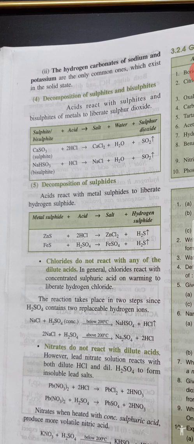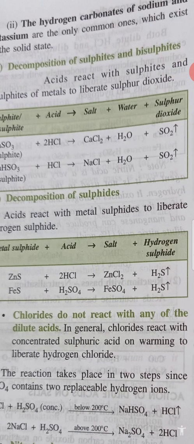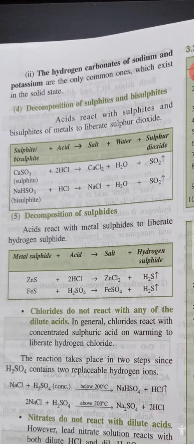All the sulfites and bisulfites react with dilute acids, and they give you salt, water, and they liberate SO2 gas, sulfur dioxide. So children, CaSO3 when it reacts with HCl gives you calcium chloride, water and SO2. And NaHSO3, that is sodium bisulfite, when it reacts with HCl gives you salt, water and again sulfur dioxide.